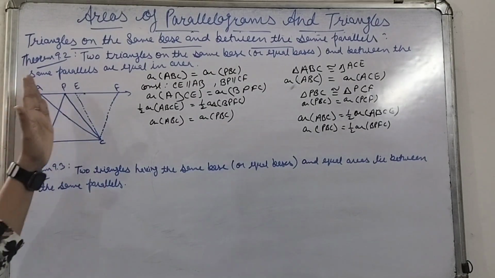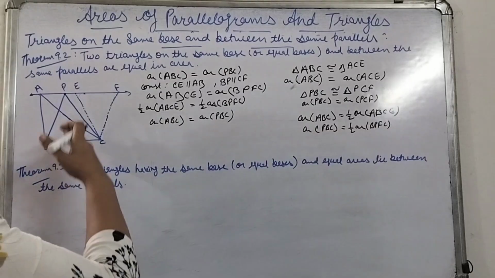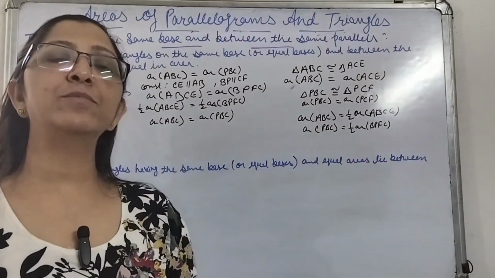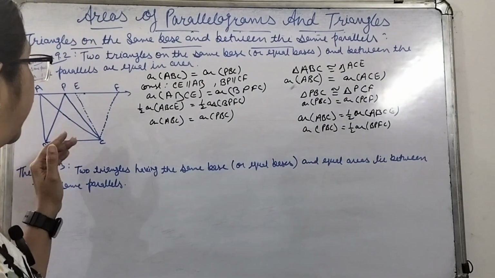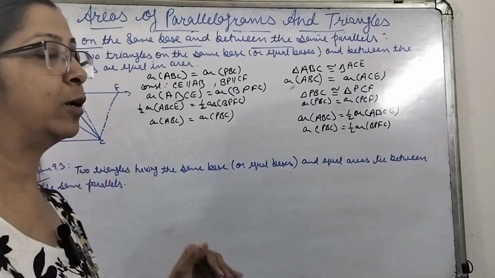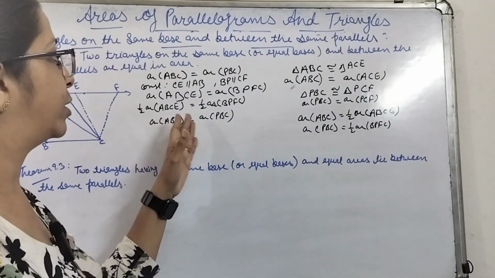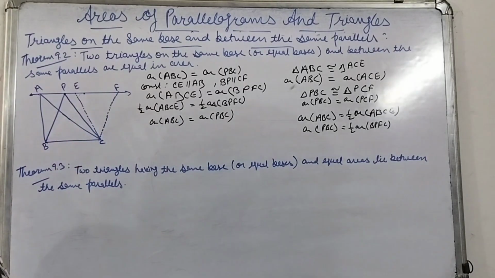First of all, we will make the parallel lines and convert these triangles to parallelograms. And then, using the properties we have studied till now, that if there are two parallelograms on the same base and between the same parallels, their areas will be equal, and if there is a triangle and a parallelogram on the same base and between the same parallels, then the area of the triangle will be half of the area of the parallelogram. So this is how we can prove it.